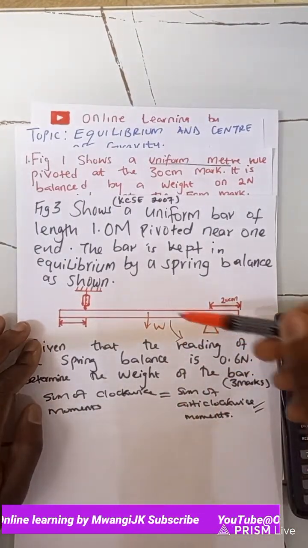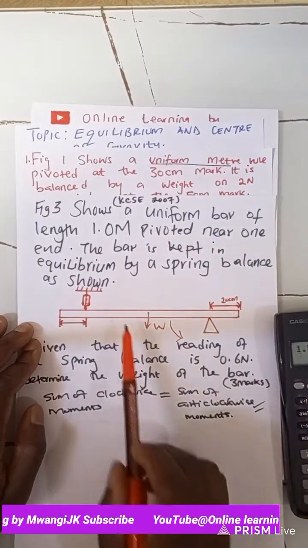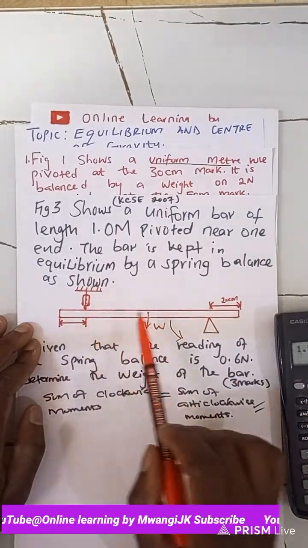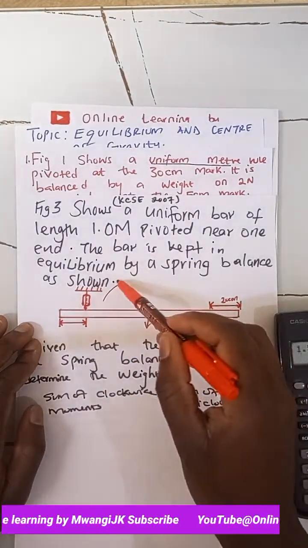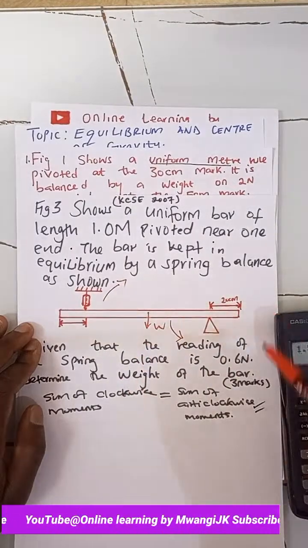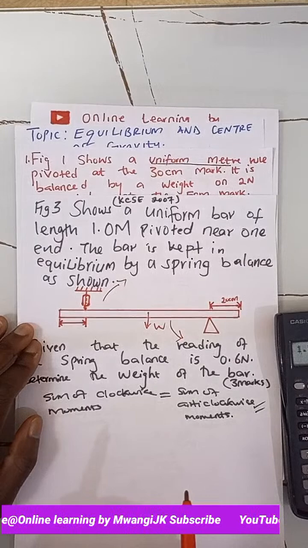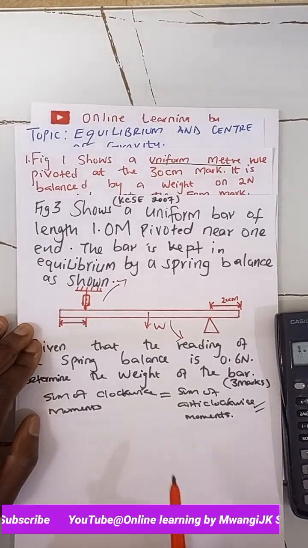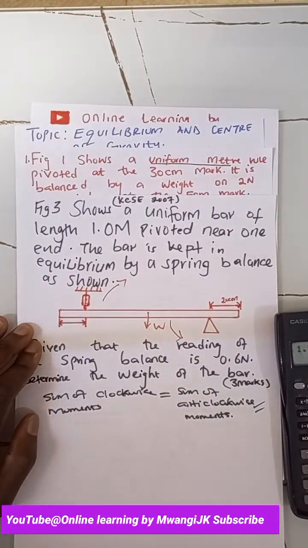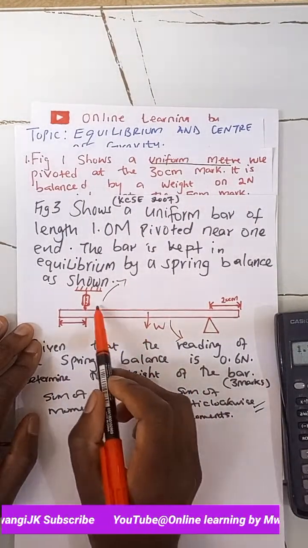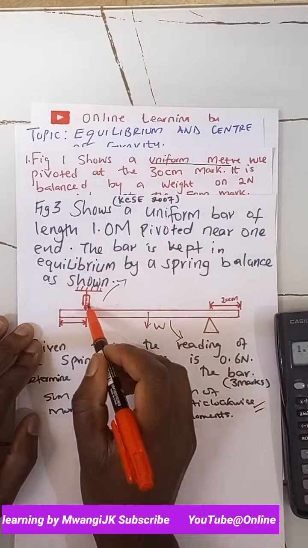The weight of the bar is anticlockwise, while the spring balance is preventing the beam from falling, so it is acting in a clockwise manner. So the clockwise moment is the force times the distance, and the distance we take is from the pivot, so from this point to the pivot.